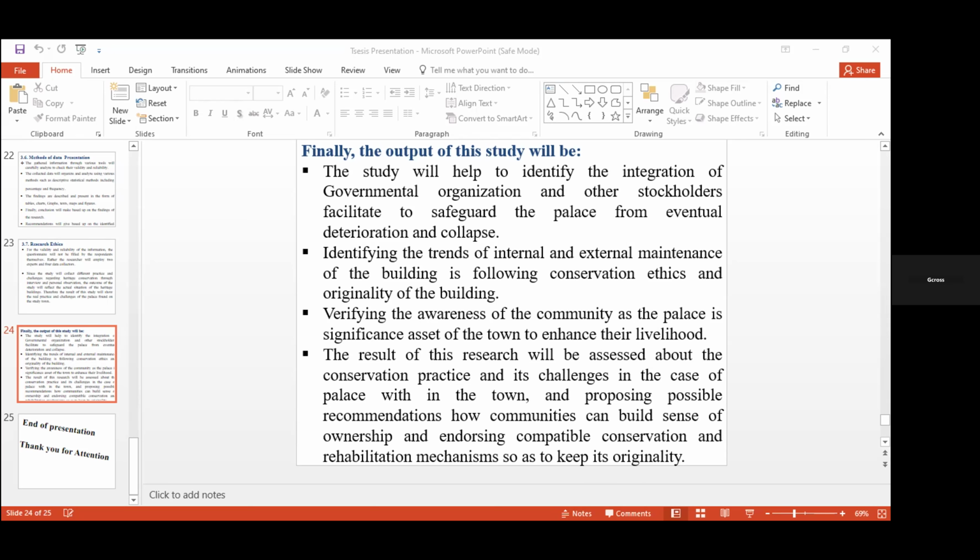So I have two sensitive questions. First, Kibrom, I was with you in one course, Urban Heritage Conservation, so you are from planning. I don't know your background, but you are a postgraduate student of Masters in Urban Planning and Development.